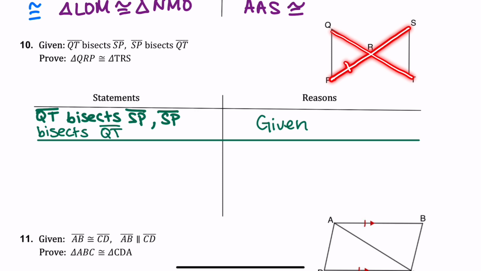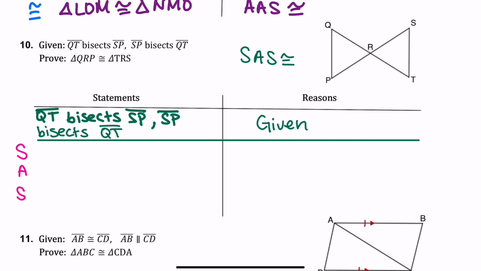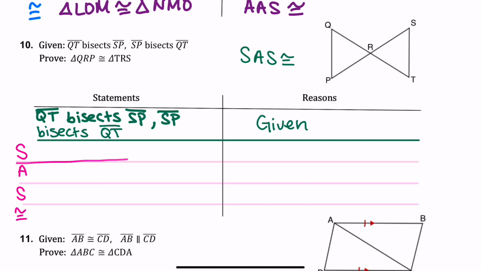So if each of these lines are cut in half, these two have to be the same, and these two have to be the same. So that would be two sides. I also am seeing some vertical angles here, and so those two angles have to be the same. So we have two sides and an angle that's right in between those two sides. So this would be the side angle side congruence postulate. So when I'm writing the proof off to the side, I'm going to write side angle side congruence.